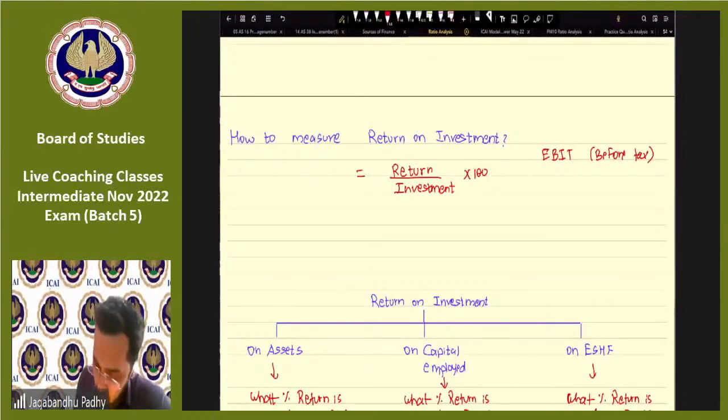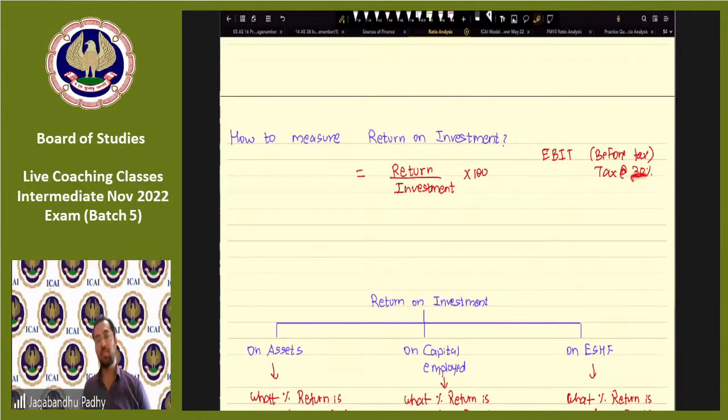So if I tell you that tax rate is, let's say, 30%, how will you compute this tax amount? Suppose EBIT is a before tax figure, and tax is at 30% of the before tax figure. So can you tell me what this 30% is of?